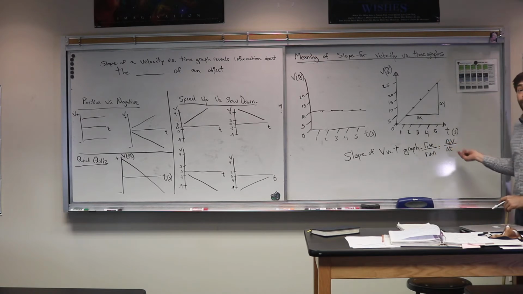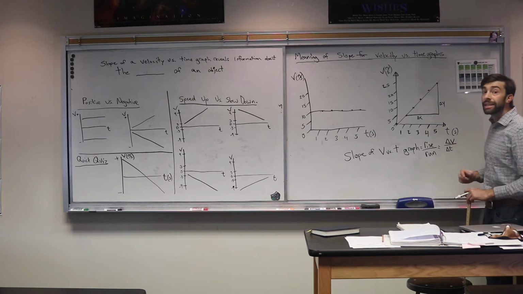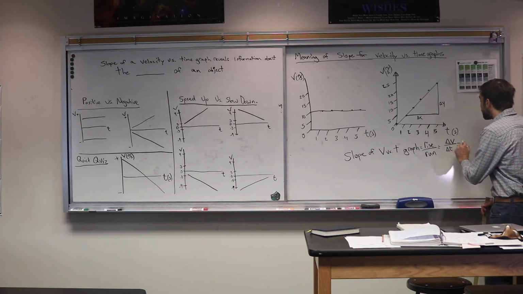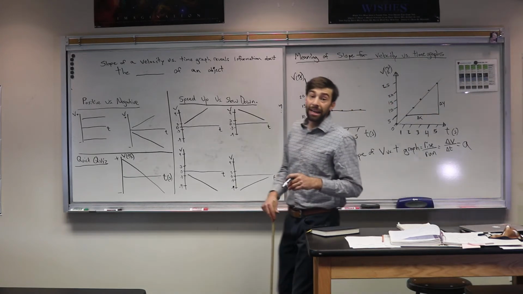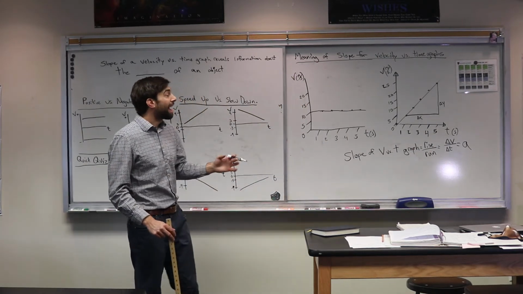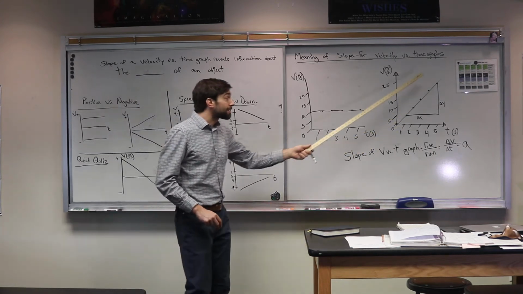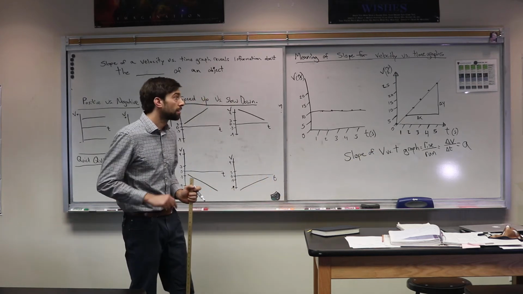Well, y'all have learned this. What is change in velocity divided by change in time? Well, if you said acceleration, you're absolutely correct. So this is why the slope of a velocity versus time graph is, in fact, the acceleration of an object. It's because the slope calculates our acceleration for us.